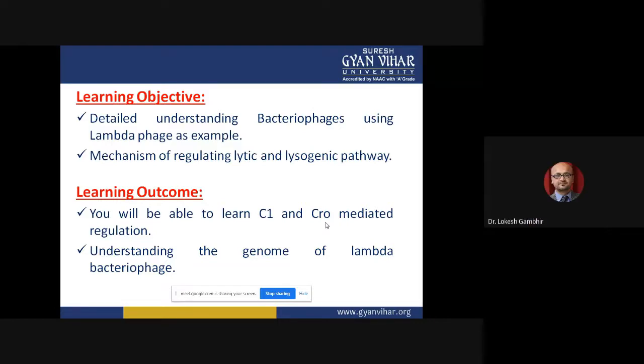The advanced part will be taken care of later on. Today we'll develop the basic concepts and get a clear understanding of what a bacteriophage is, how it replicates inside the bacteria, what experiments were done to identify them, and then we will talk about their genome and how they operate between lytic and lysogenic cycles.